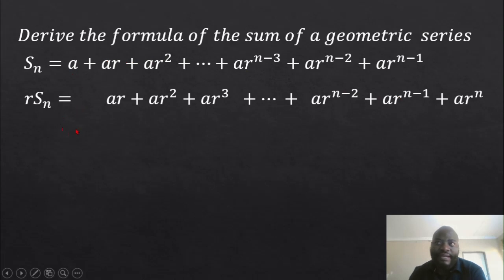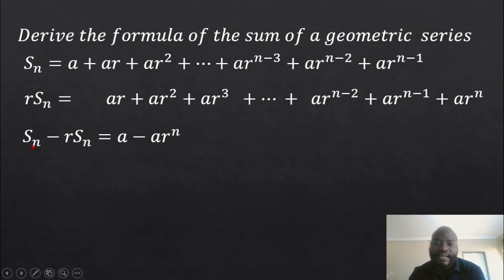So when we subtract the two equations, we'll be left with A, and these will cancel out. All these other terms in the middle will cancel because they are the same, up until we have negative AR to the exponent n. Then we can take out a common factor on both sides.